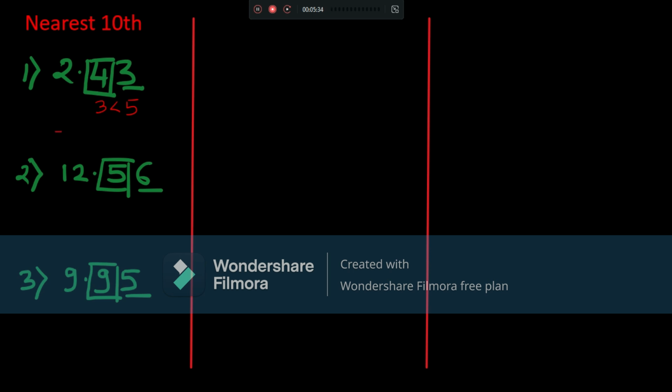When we round it off, this will become 2.4. Similarly, here at the 10th place the number is 5 and to the right of this is 6, which is greater than 5. So when I round it off to the nearest tenth, this 5 gets increased by 1 and we'll write this as 6.0. Similarly, in this case the number 5 is equal to 5. So we'll increase this 9 by 1, and it will become 10, so this will become 10.0.